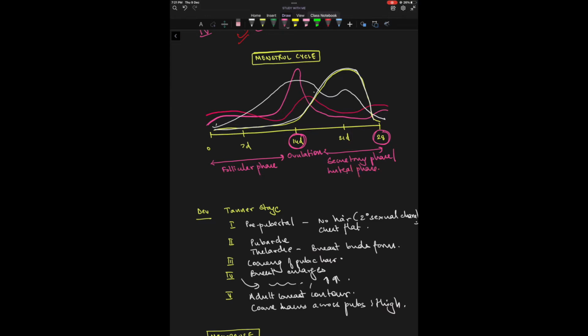The hormone of the follicular phase is estrogen, which is marked with a white arrow, while the hormone of the secretory phase is progesterone, which is marked with a yellow arrow.